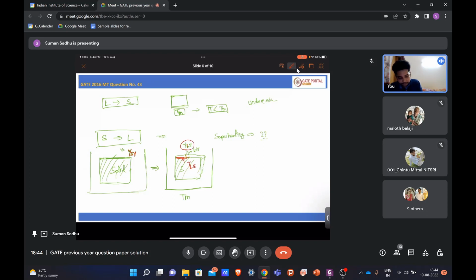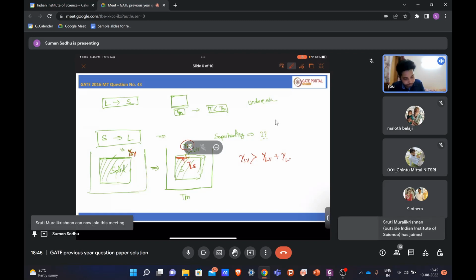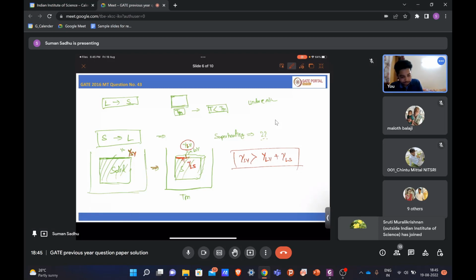But what happens is that gamma SV is greater than gamma LV plus gamma SL. So that means when it is melting, that energy is decreasing, so it is favorable.